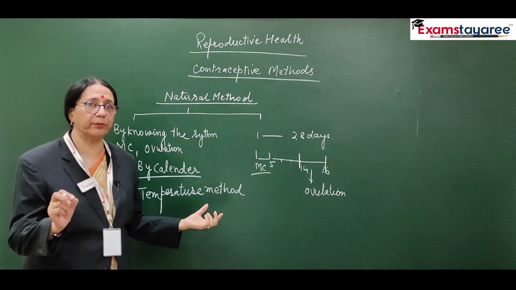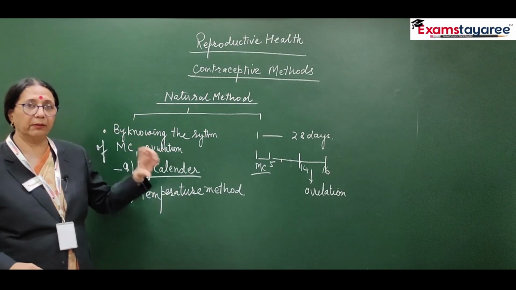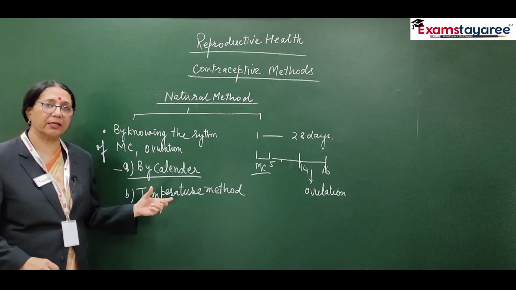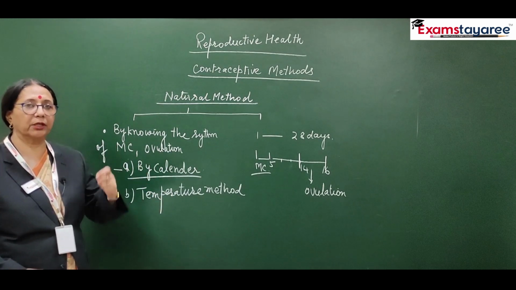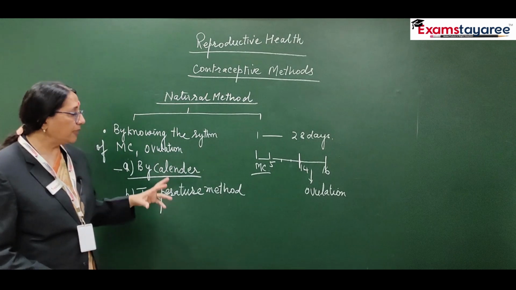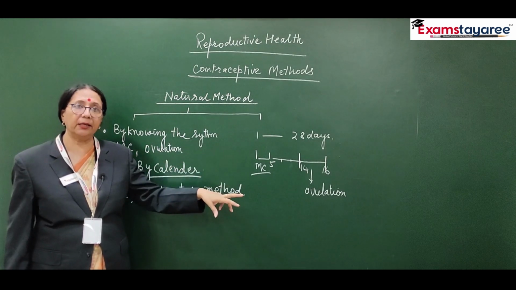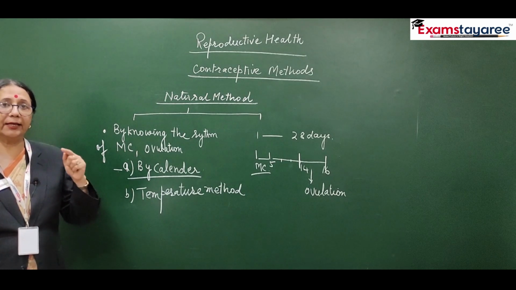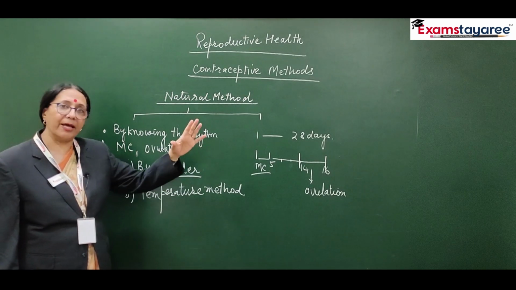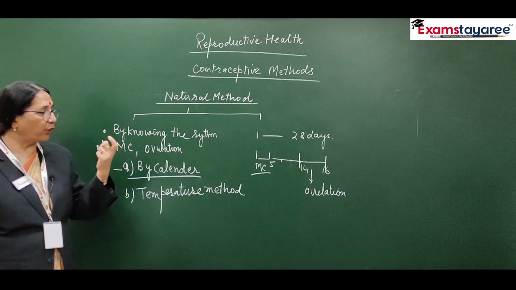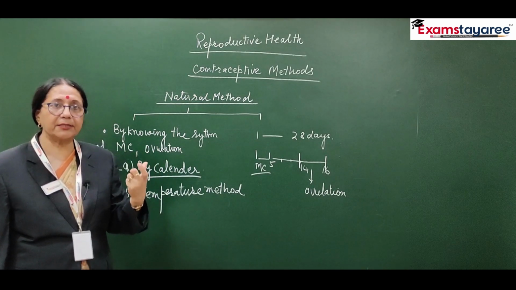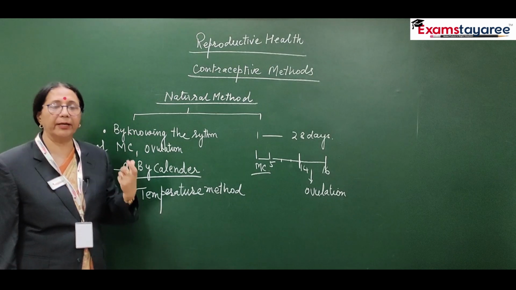She doesn't have to get up from the bed also. The thermometer should be on her side, and immediately as she gets up, the first thing is she should put the thermometer in her mouth, and the day she is ovulating, that day the temperature of the body is 1 degree less than the rest of the other days. So for 2 days the temperature will be 1 degree less.